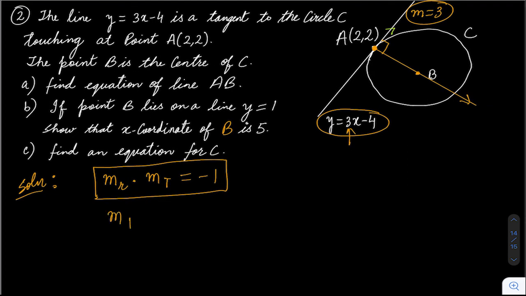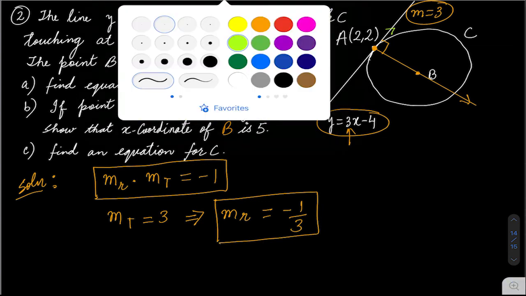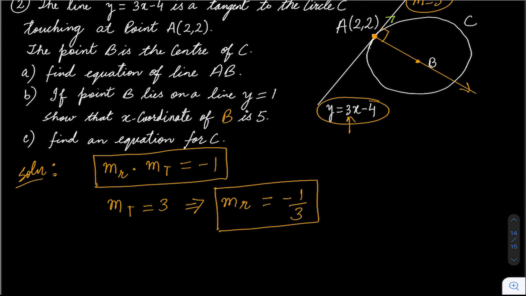So my gradient of tangent is 3. It implies my gradient of radius will be -1/3, the negative reciprocal.